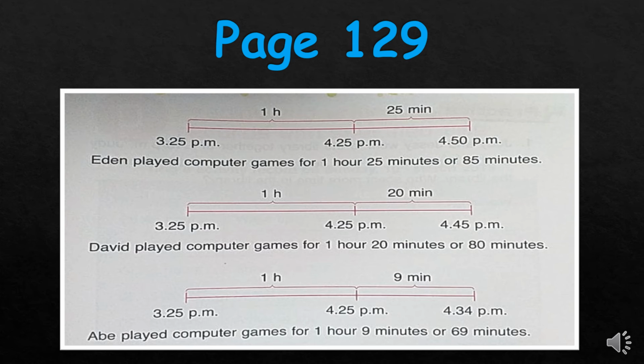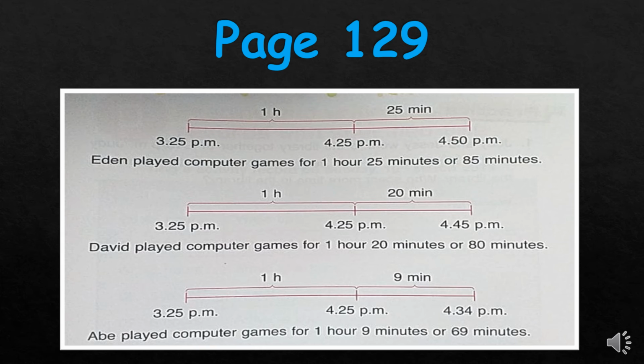David played for 1 hour and 20 minutes because he stopped at 4:45. So from 3:25 to 4:25 is 1 hour, and then he played 20 minutes more. So 1 hour and 20 minutes. Abe played games for 1 hour and 9 minutes because he stopped at 4:34.